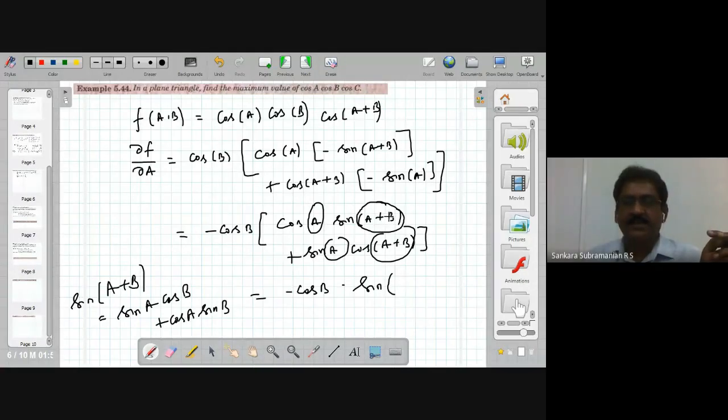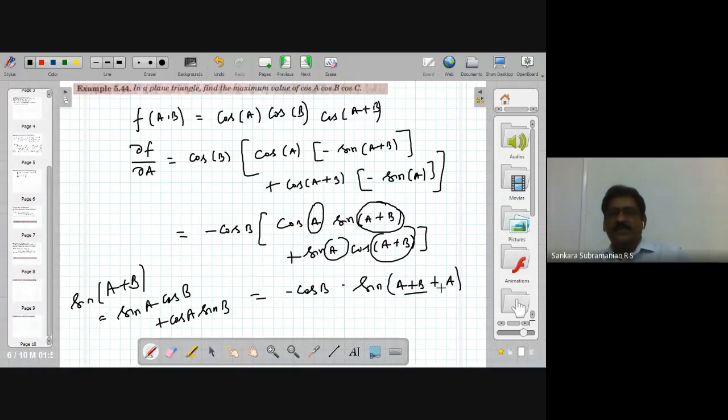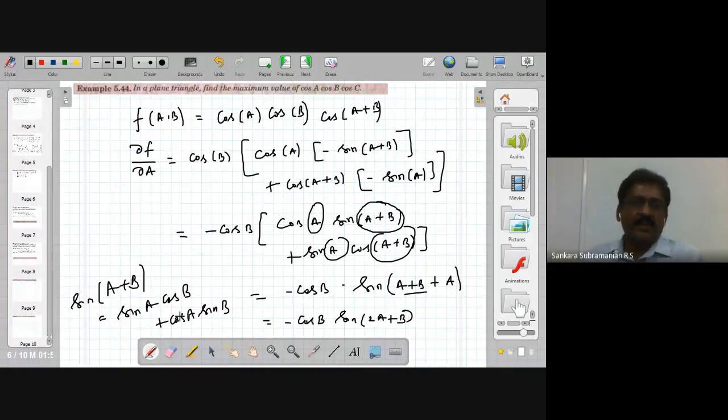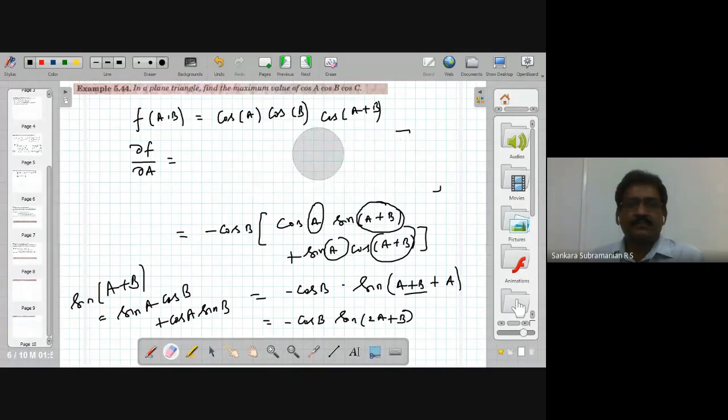When we say A plus B, it means A plus B plus A, right? Sir, this is sin of A plus B plus A, because sin A cos B plus cos A sin B. So you get minus cos B times sin of 2A plus B. Okay, so I just write it down.